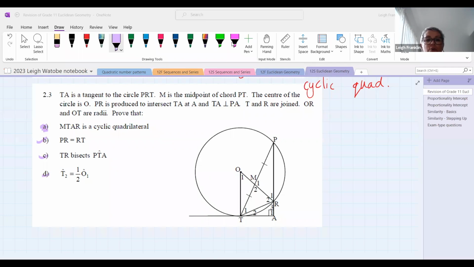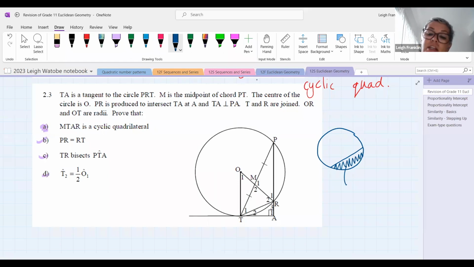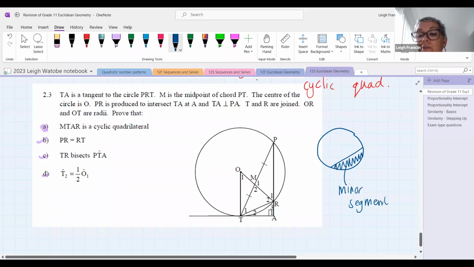Lutando, a segment is a part of a circle. In other words, if you have a circle and you have a chord, this piece over here is called a segment. In this case, we would refer to this as the minor segment because it is the smallest segment of the circle.